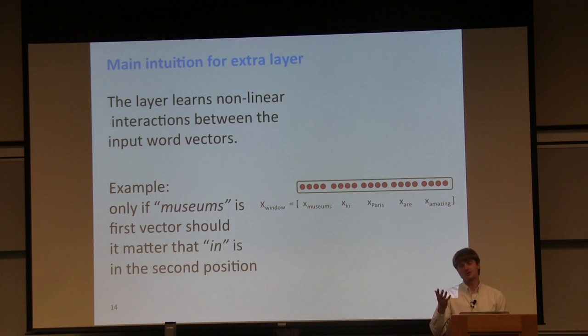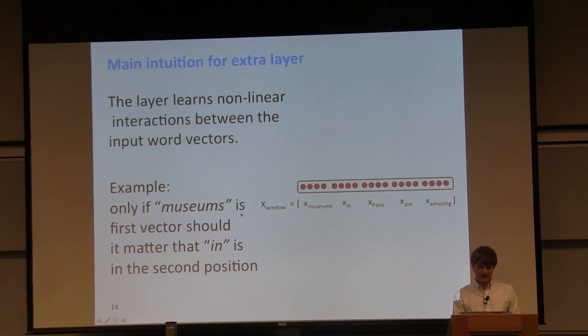Okay, so the main intuition, just on a very high level, of why we might want to add this layer and not directly train the classifier on the word vectors themselves, is that we might want to have nonlinear interactions between the word vectors. So for instance, if museums is the first vector here in this window, should it matter that in is in the second position?